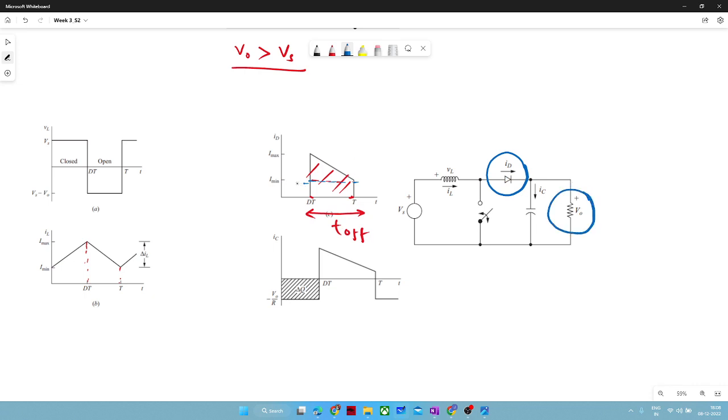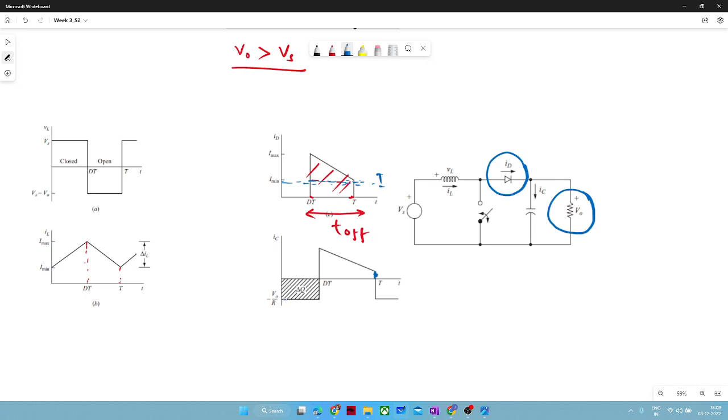So I naught would be somewhere here. Since this value is protruding upward, we will take this much. And if we reduce I naught from this, you will get a shifted version of this waveform.